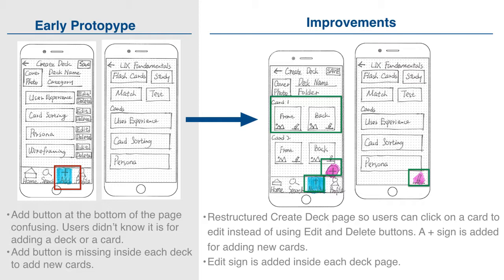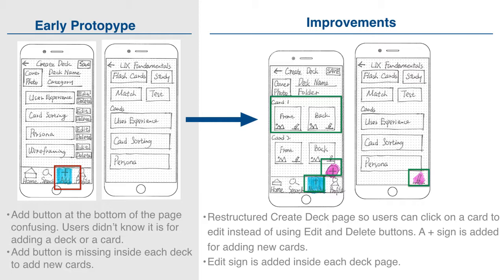And in the earlier prototype, another thing is for the navigation system, users said the add button at the bottom of this page is confusing because they don't know what it's for. Is that for adding a new deck of cards or just adding a new card?